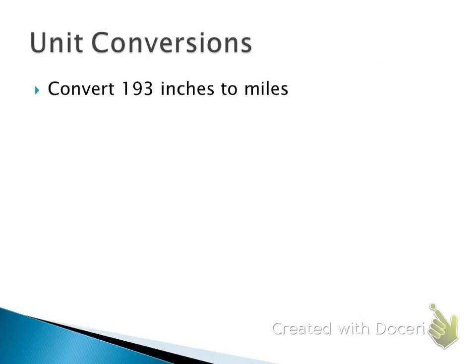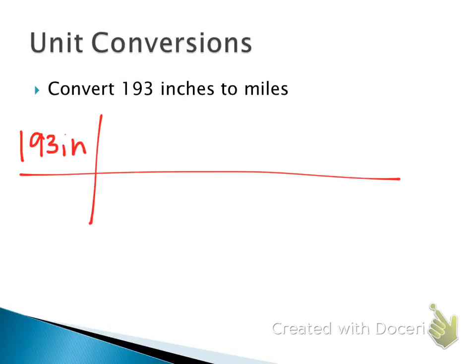So when I do unit conversions, the first thing I do is write what I know. 193 inches, and I make my T. Okay, if I want to go from inches to miles, what's the logical pattern? What's my stepping stones basically to get there? Inches to feet to miles.